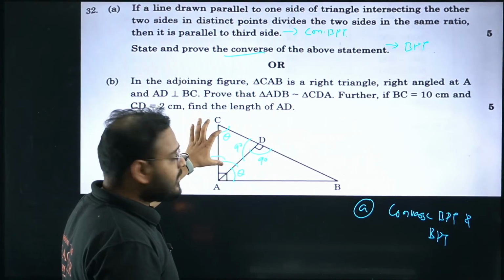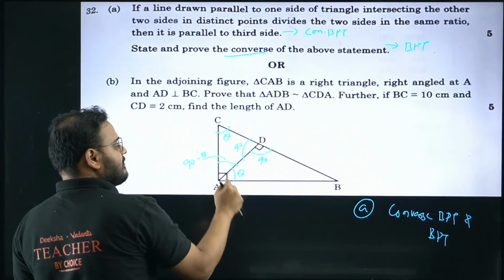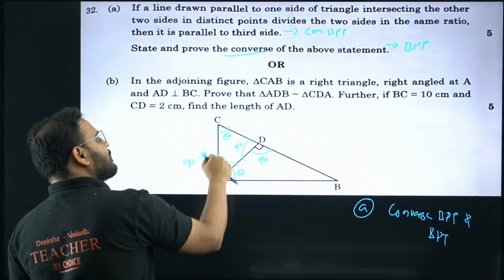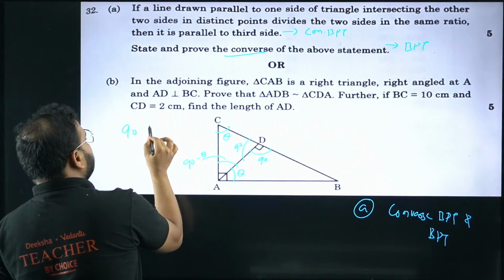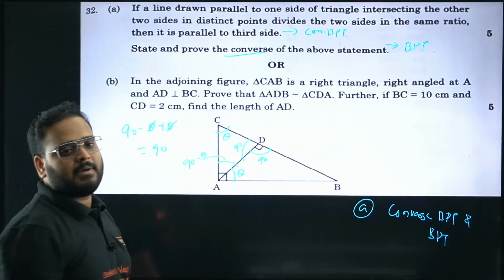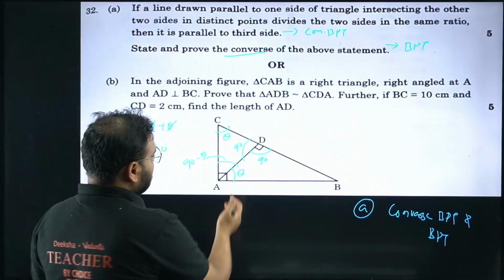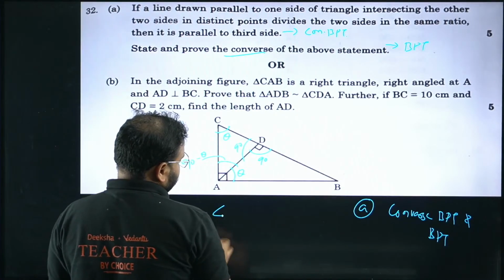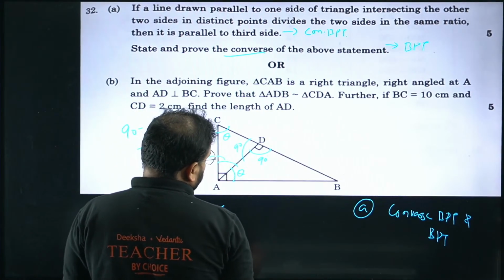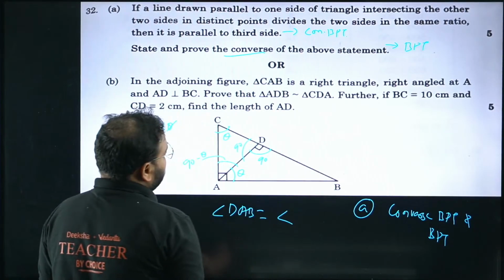So this sum has to be 90 again. Please check. In triangle ADC, this is 90 degree. This is 90 minus theta. The sum has to be, how much? 90 minus theta plus theta, how much is that? Again 90 only, na? It means actually that it has to be theta. So I can see here clearly that angle DAB is equal to angle DCA.